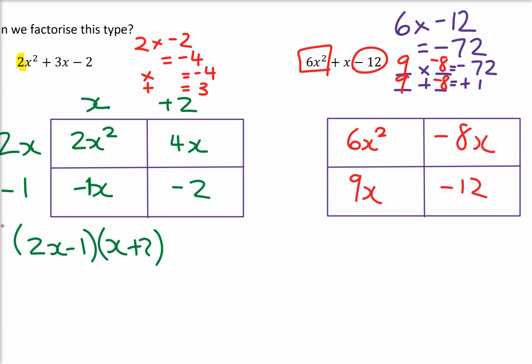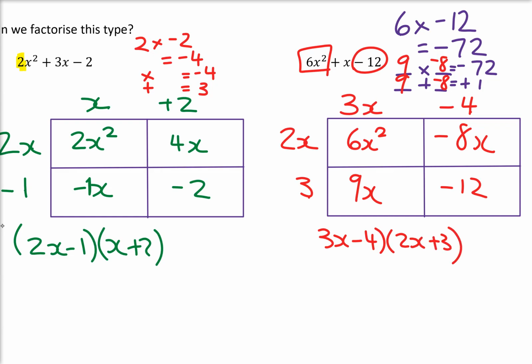Looking down, a 3 goes into 6 and x. 3x times 2x gives you 6x squared. 3x times 3 gives you 9x. 2x times negative 4 gives you negative 8x. And check 3 times negative 4. Yeah, that is negative 12. So my answer is 3x minus 4 times 2x plus 3.